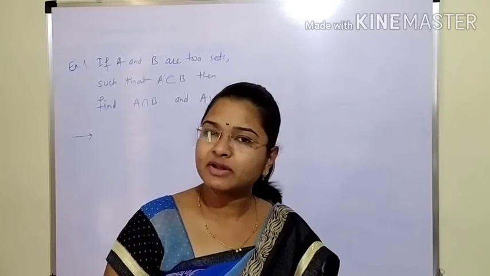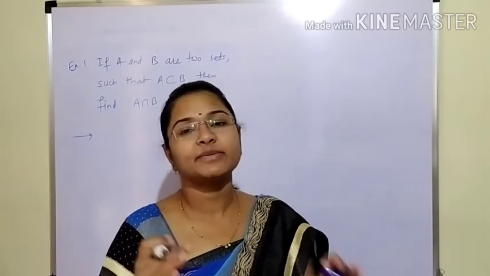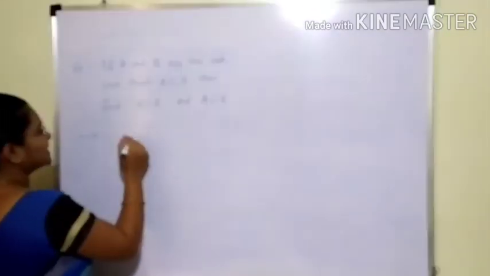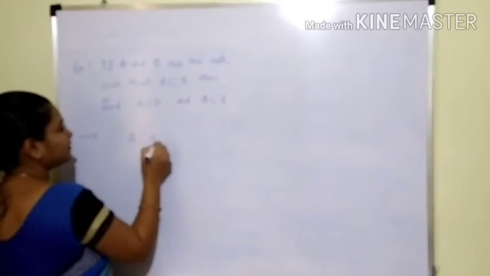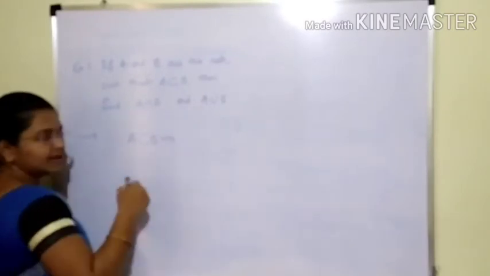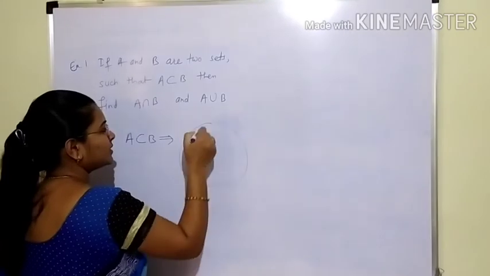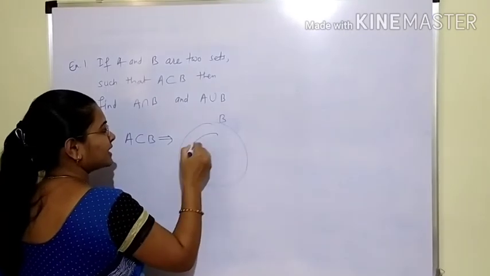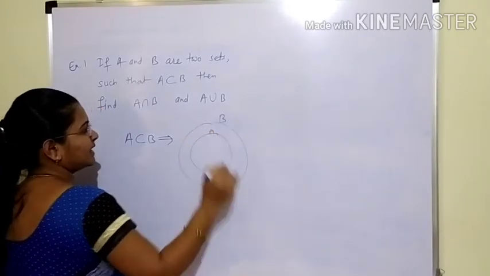They have given just one condition, that A is a subset of B. In a Venn diagram, we can show that set B contains set A.